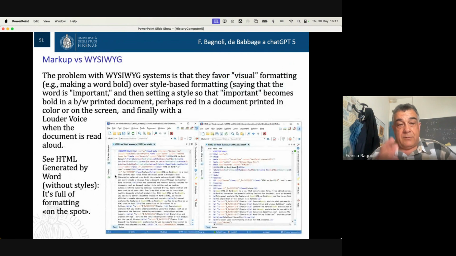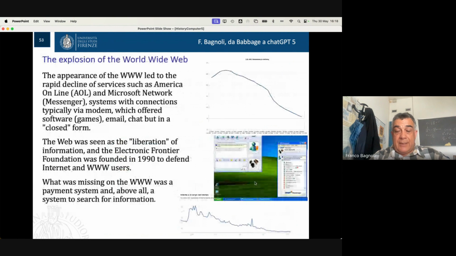So, okay, I think we can skip, but I don't want to skip, because, for instance, Word, which clearly started thinking only about formatting text for the screen or for printing, can export text using HTML, but it is not a conceptual HTML.